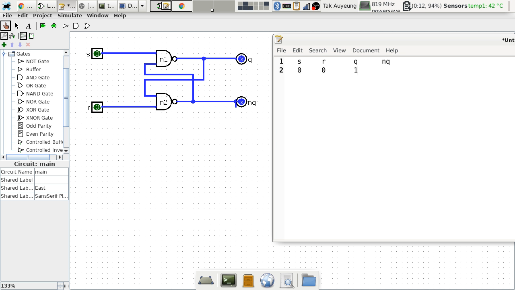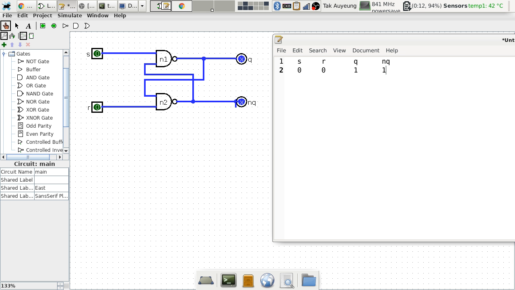They'll both be true because with an AND gate, if at least one input is a 0, the output is going to be a 0. Make sense? But since these are NAND gates, which means the output is negated, if the output of an AND gate is a 0, the output of a NAND gate is going to be a 1.